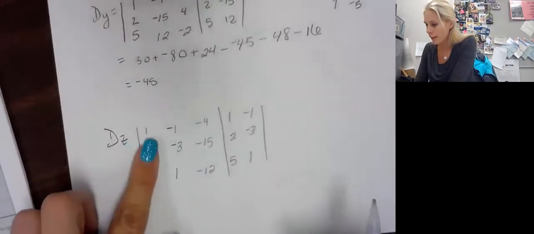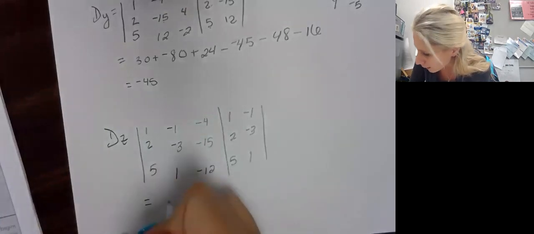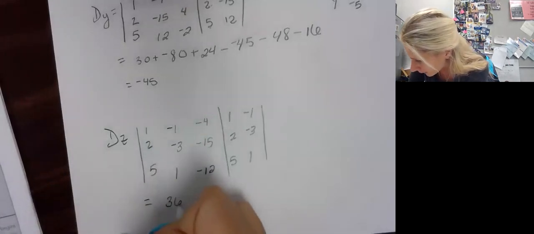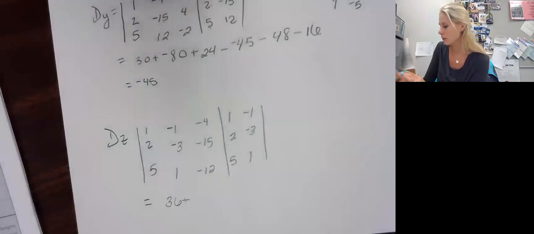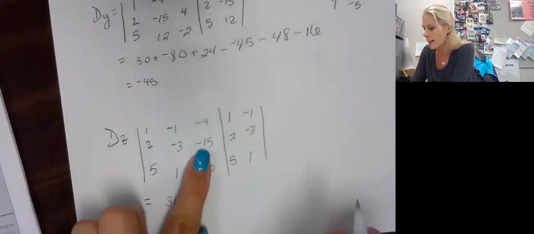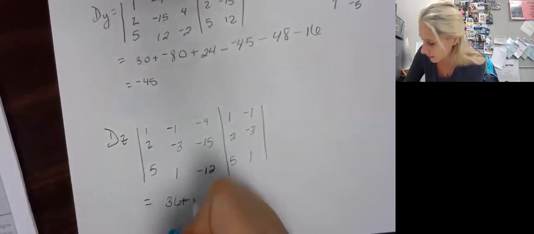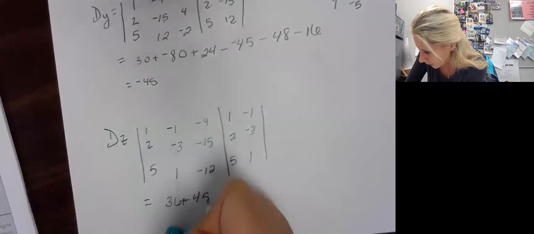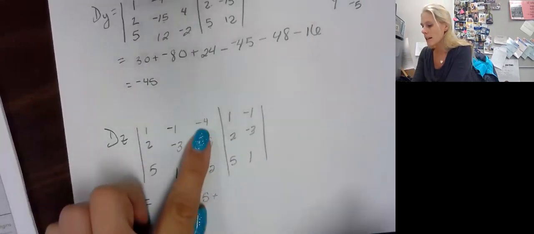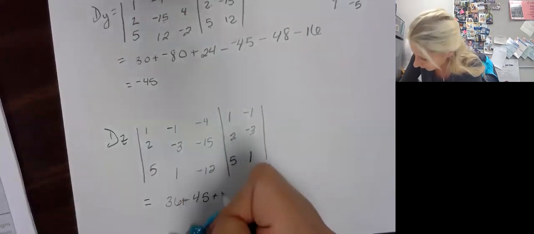Equals. So right here, 1 times negative 3 times negative 12 is a positive 36 plus, right? Negative 1, negative 15 is 15. 15 and 5 is 45 plus negative 4 and 2 is negative 8 times 1, so negative 8.